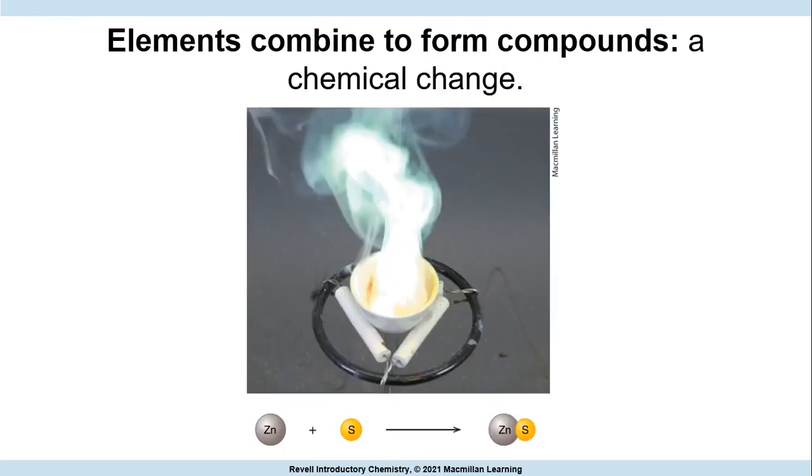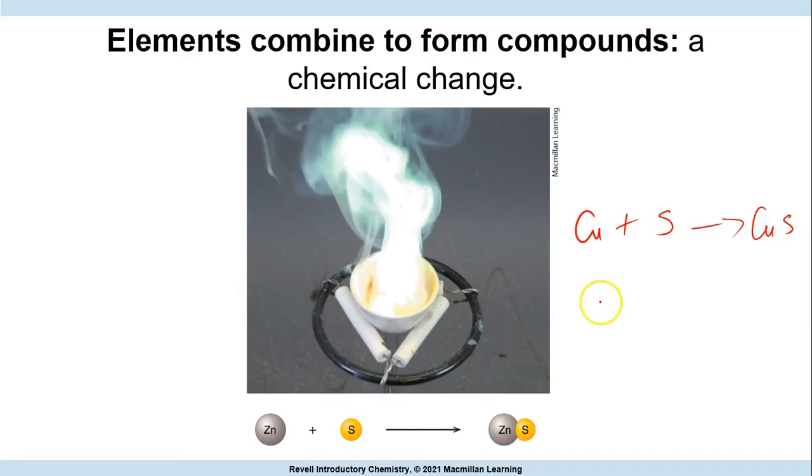Now let's look at examples of chemical change. Elements combine to form compounds, and that is a chemical change. For example, if you take copper and sulfur, that is going to combine to give you copper sulfide. Okay, so a new substance is formed.